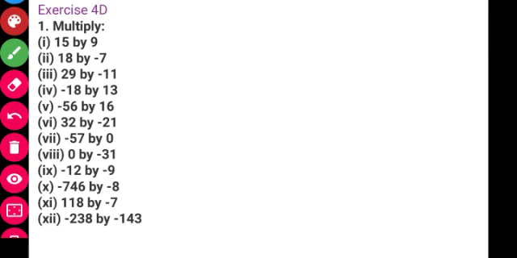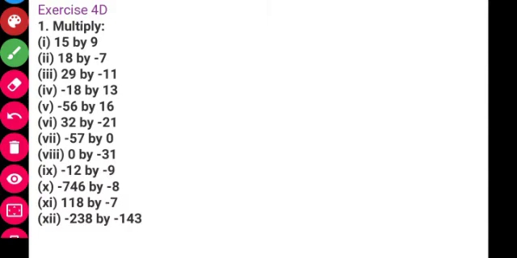Exercise 4D. Now this is multiplication of integers. We have learned addition and subtraction of integers. Now multiplication. In the case of multiplication and division, learn two things.